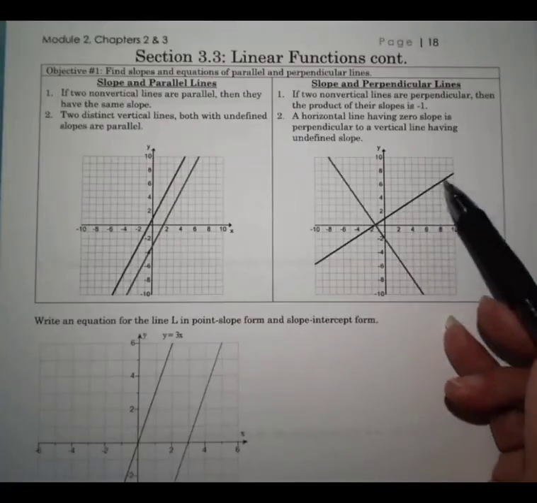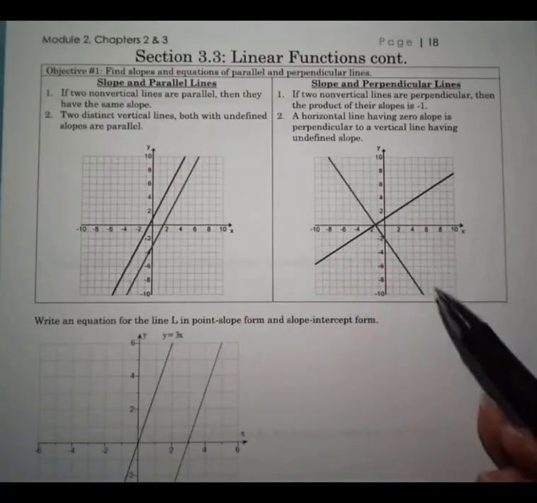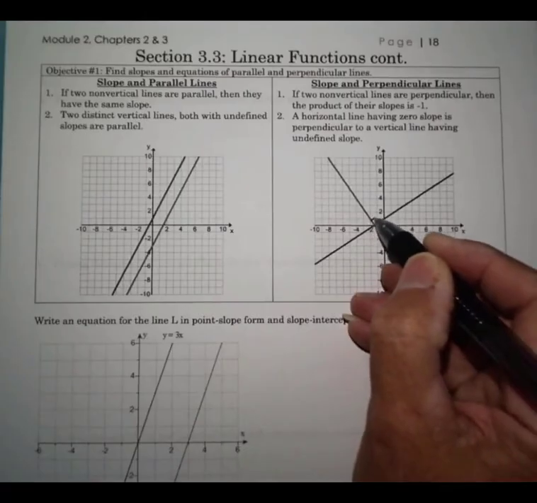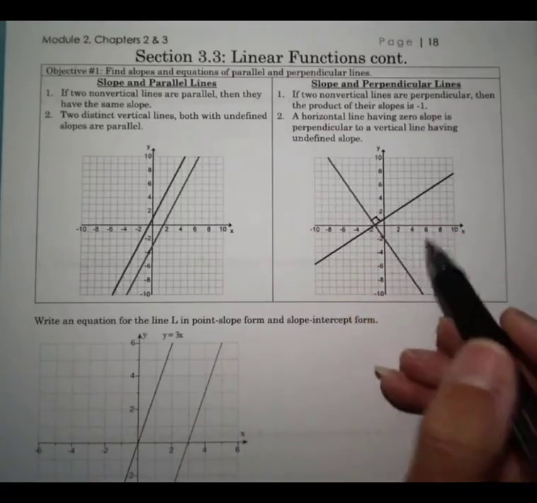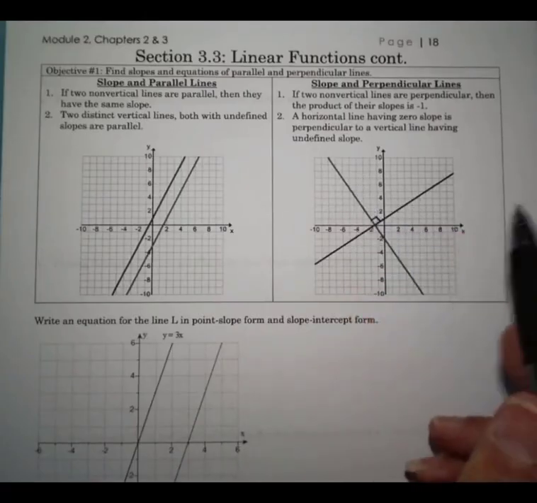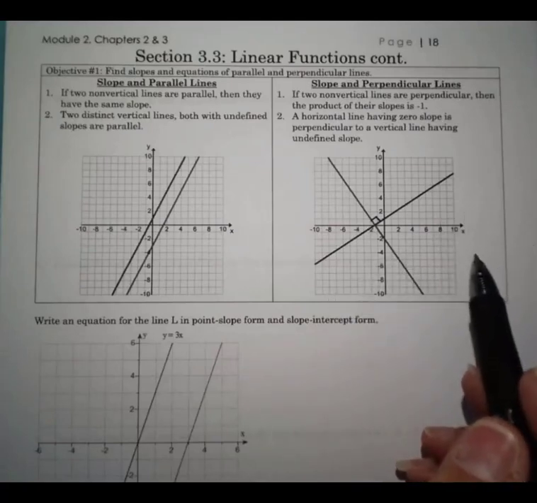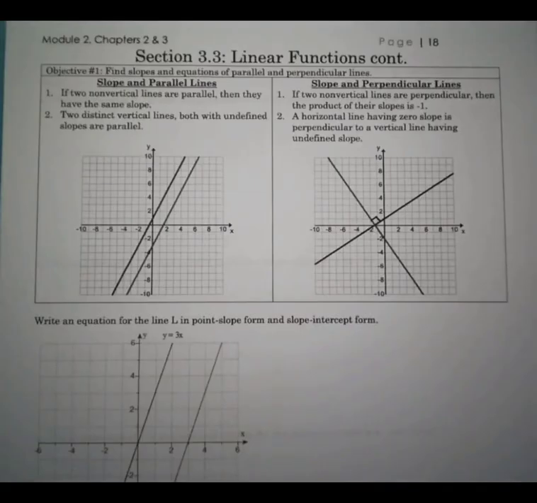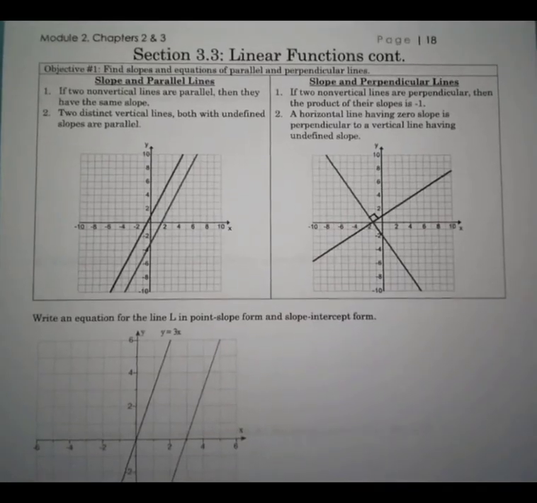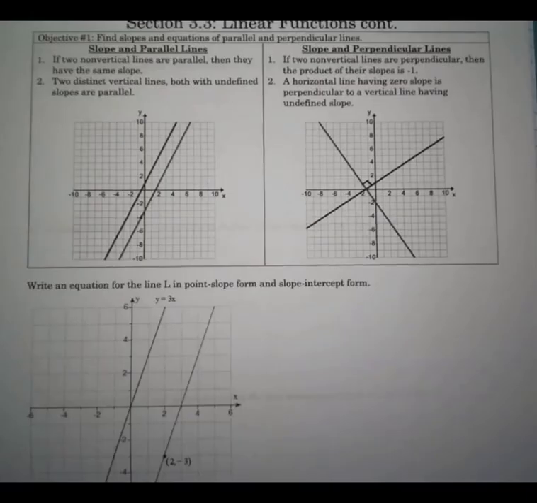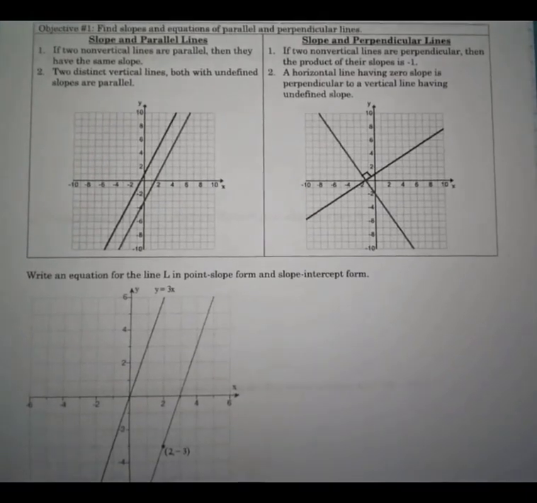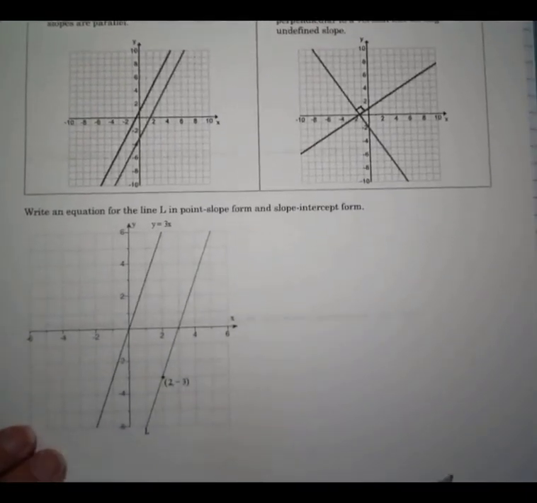What about the other situation where I have lines that meet at a right angle? So if this was a right angle where they actually crossed, then what I've got is called perpendicular lines. The slopes of these lines are negative reciprocals of each other. I can use this to write my linear equations as long as I know one slope of one line.